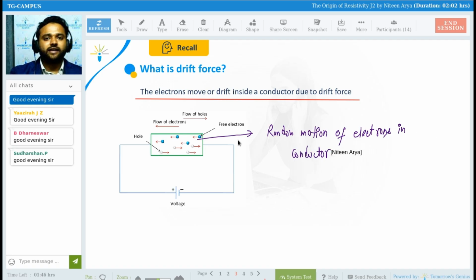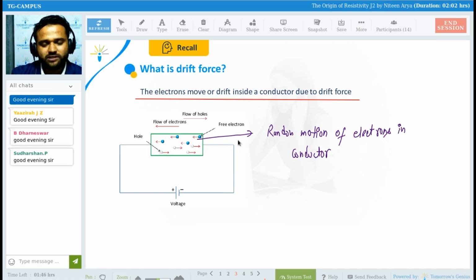That we already discussed, but as we know, in any particular conductor, any particular material, when the number of charge particles, basically electrons, is high, they are moving randomly. Until we apply a potential difference, a battery or cell, they do not move in a particular direction.